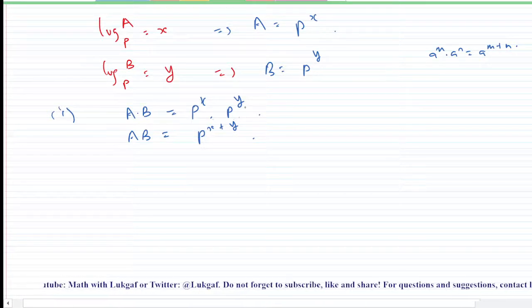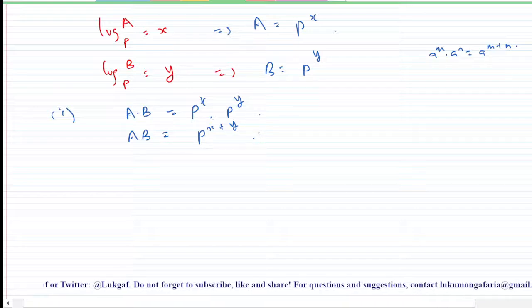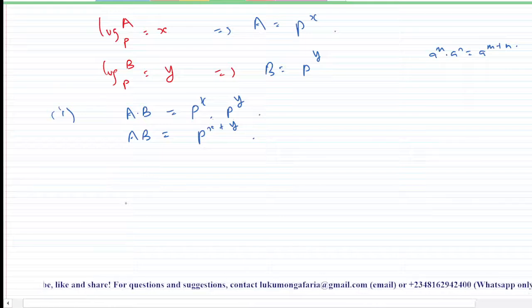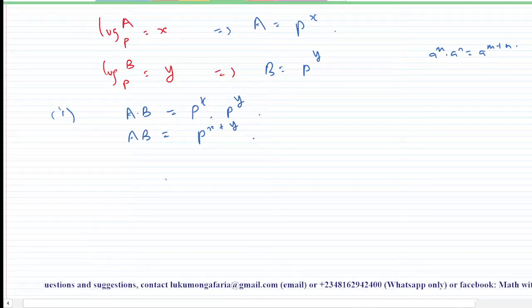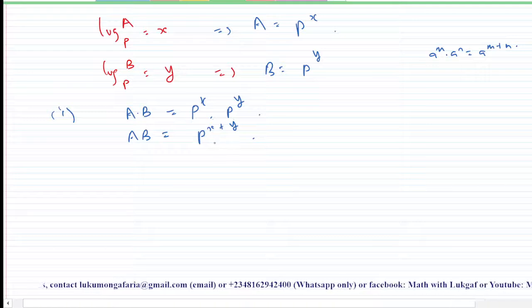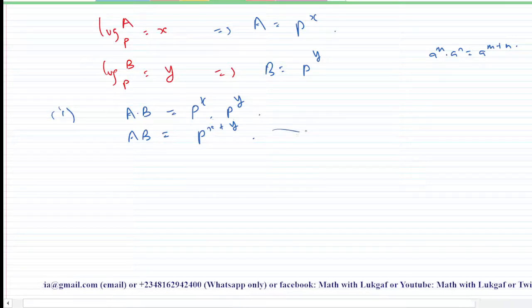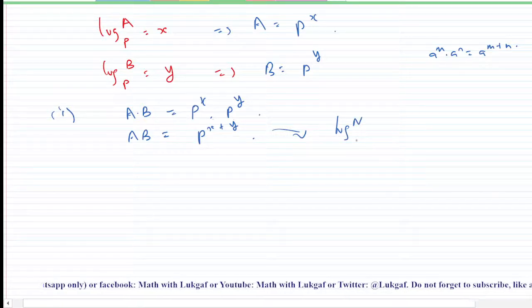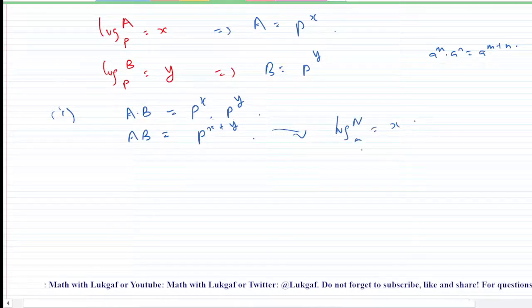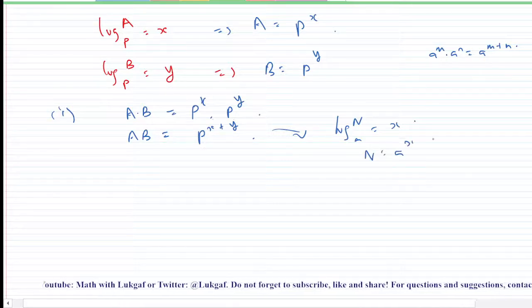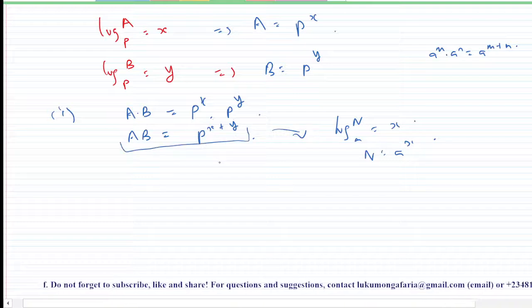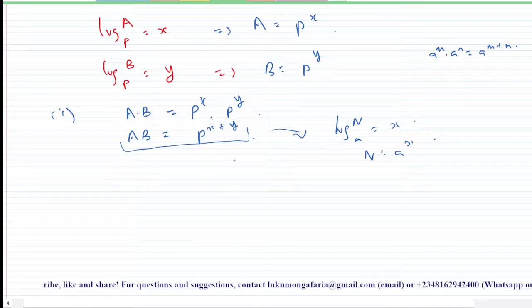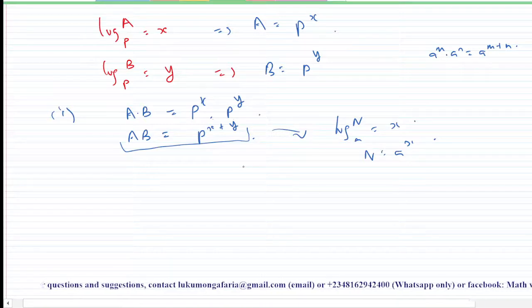Let me now take the logarithm of both sides. Even without taking the logarithm of both sides, recall that when you have log n base a equals x, then n is a raised to power x, meaning I'm having this as an indicial equation, which you can change to a logarithmic equation.